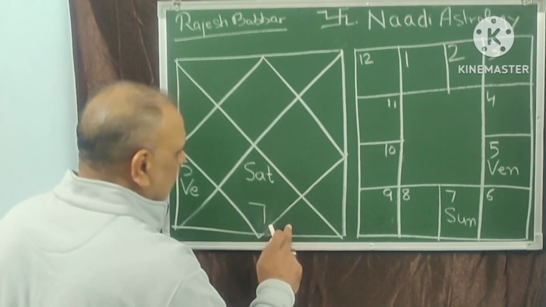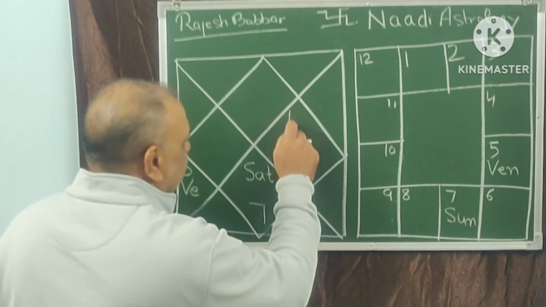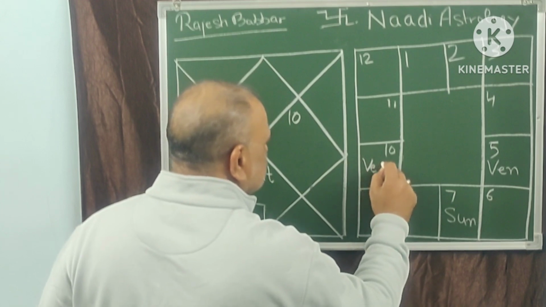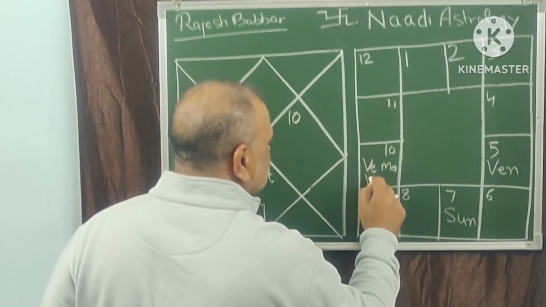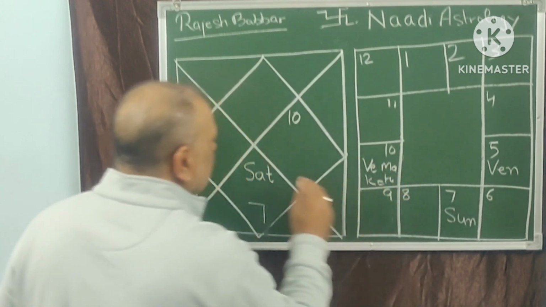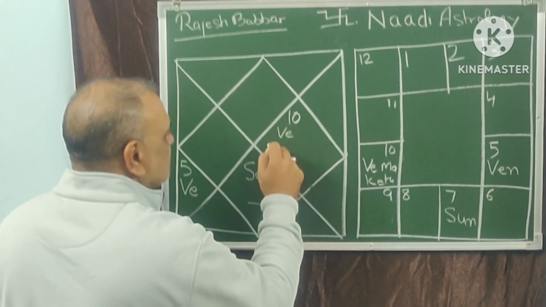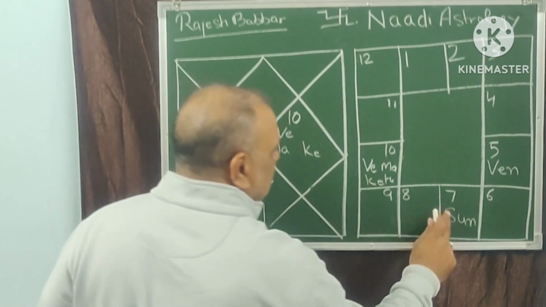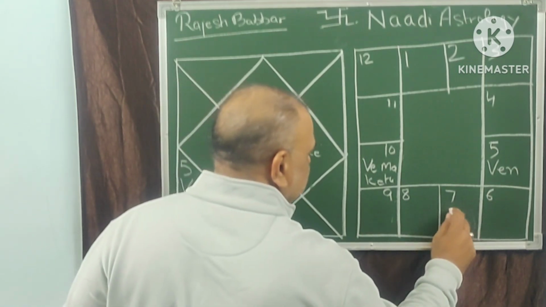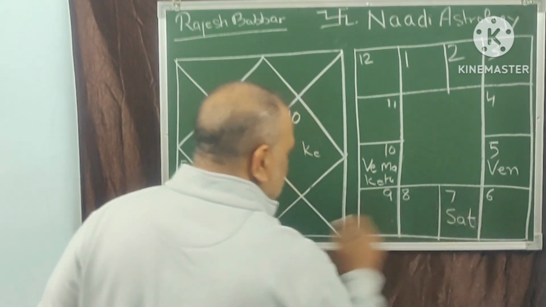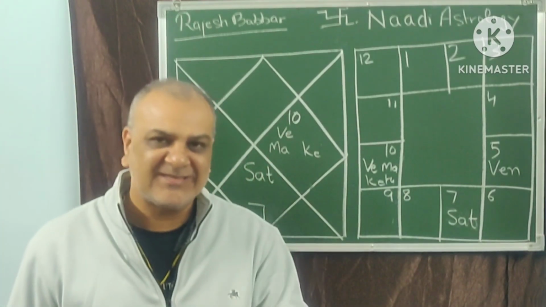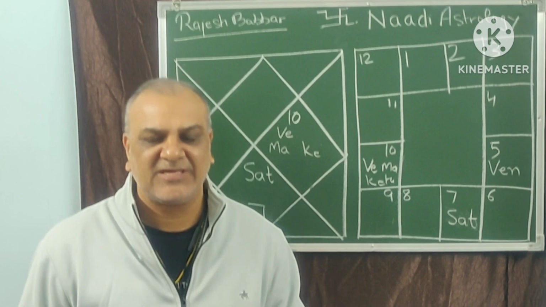But at the same time, if Venus, Mars and Ketu are placed in the 8th, 9th, 10th house, here I will write Saturn. So now, what does this law of exchange say?